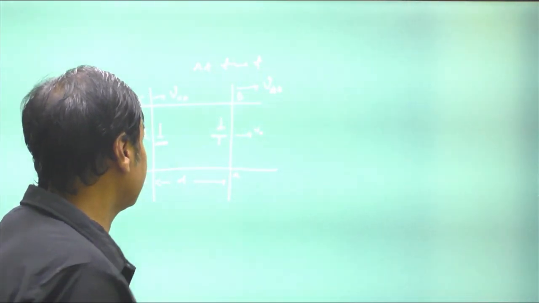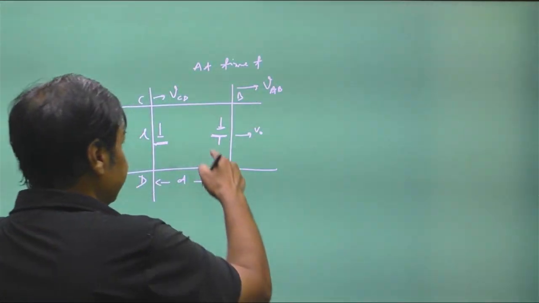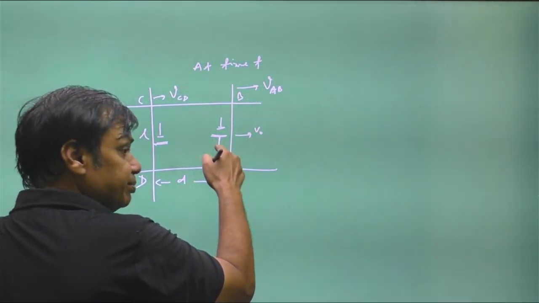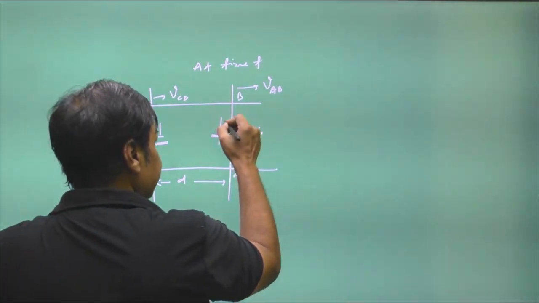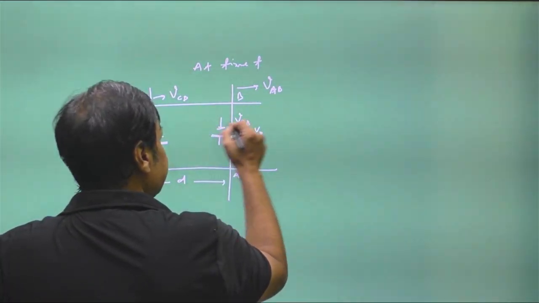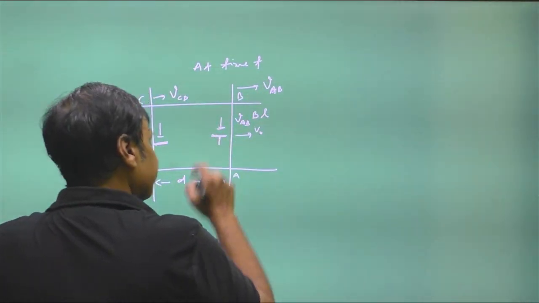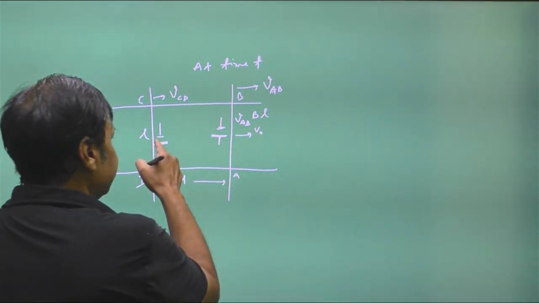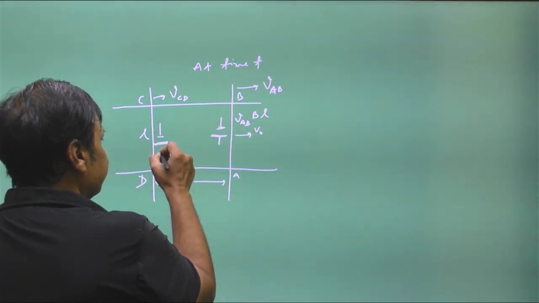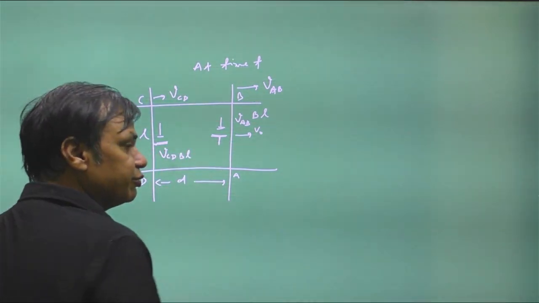So their velocities are different, so their EMFs will be different. And this EMF is VBL, we all know. B is the magnetic field and L is the length. And the EMF it is going to produce is VCD BL as well, right?